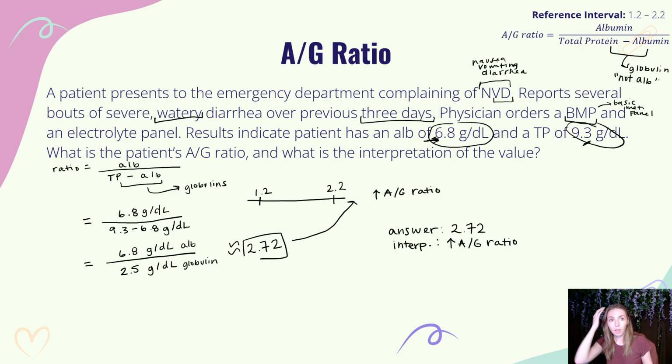In this instance, albumin is going to be larger than the total protein because your total protein, your globulins, also consist of something called like immunoglobulins, which are antibodies.